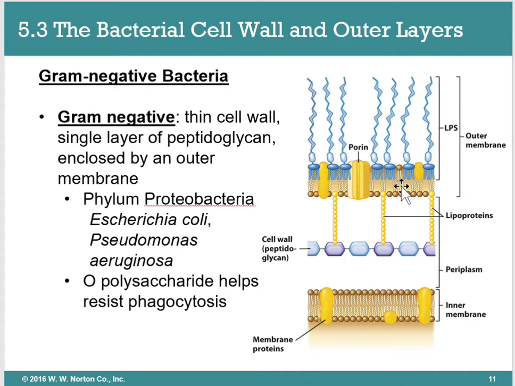And with the fact that they have an additional outer membrane that has a lot of lipopolysaccharides, it helps in its virulence. With this thicker outer membrane as compared to gram-positives, it helps it be resistant to phagocytosis by our immune cells.